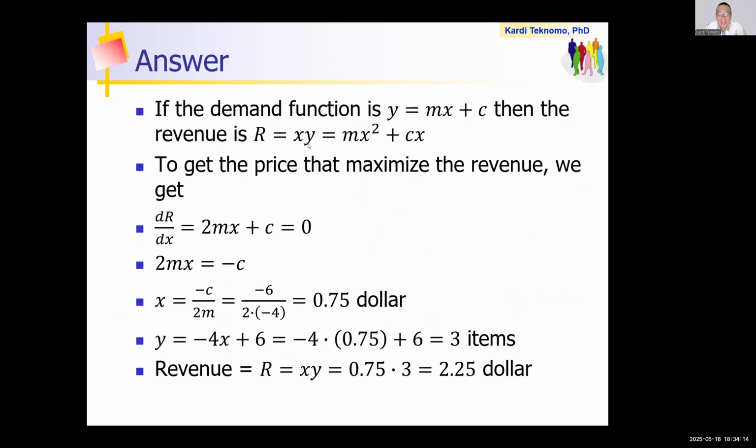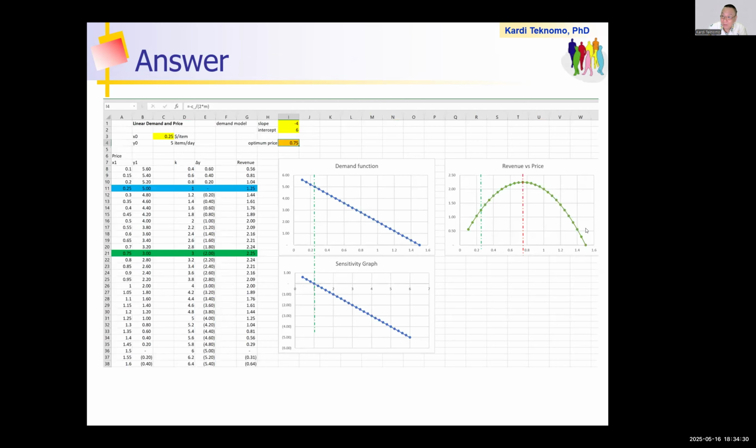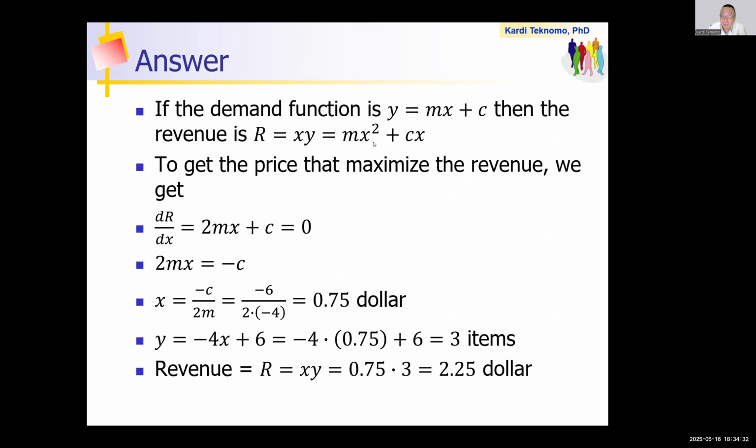If you have this demand function, and the revenue is just the price multiplied by this demand, you get this quadratic with this plot. Then you can maximize the revenue by taking the first derivative and equating it to 0, isn't it?